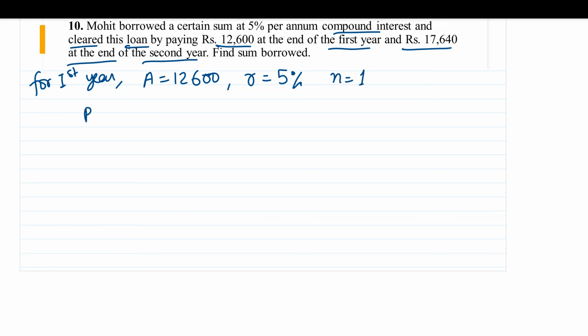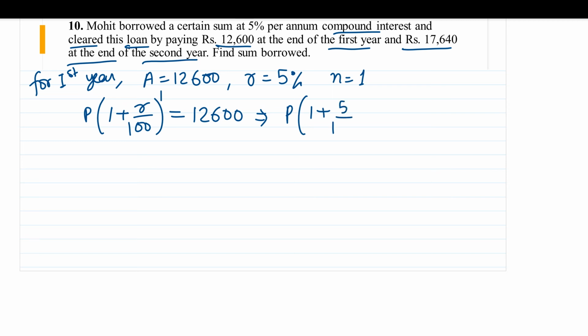So we can use the formula. It will be P times (1 plus R over 100) to the power 1, and it is equal to 12,600. So after putting the values, we will get P times (1 plus 5 by 100), that is 21 over 20, is equal to 12,600.